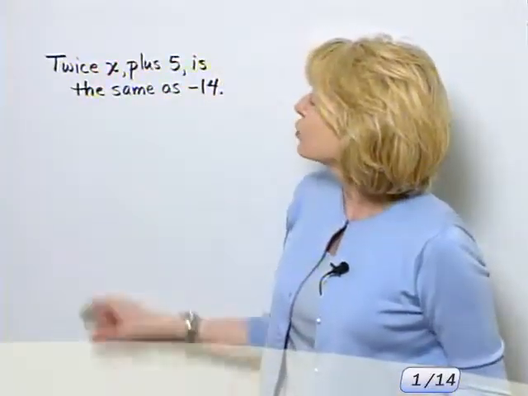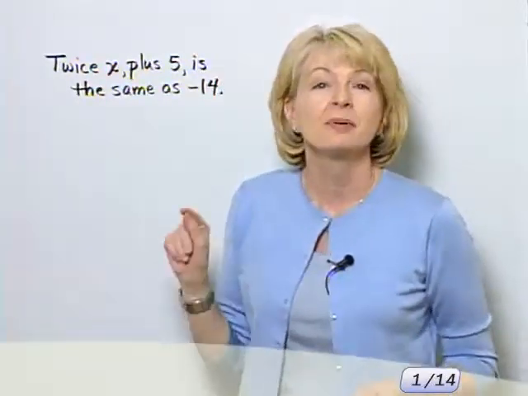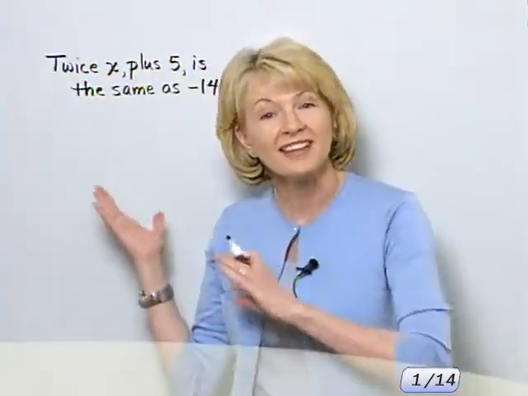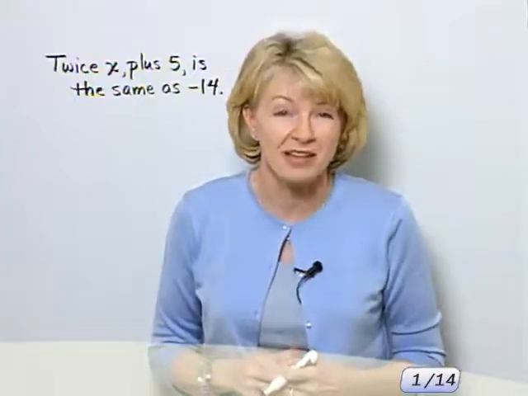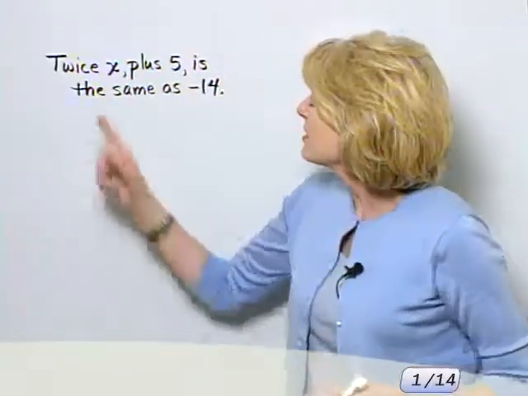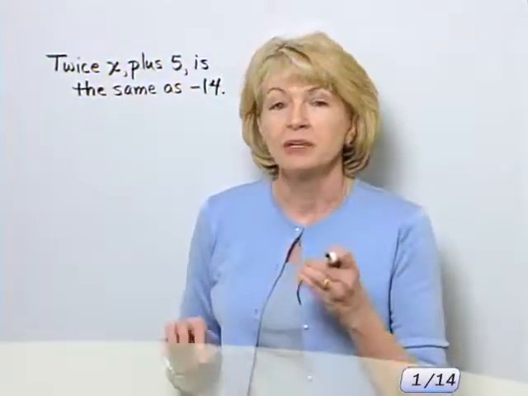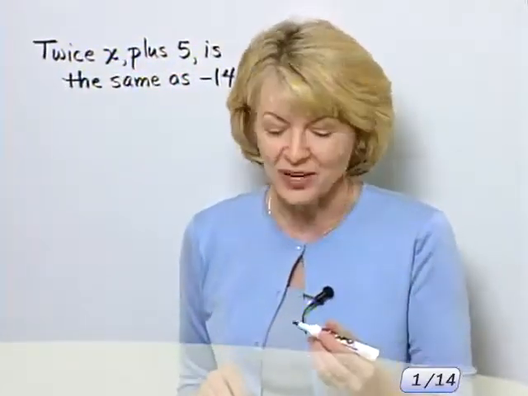Here I have twice x plus 5 is the same as negative 14. Let's translate this to a mathematical statement. How do we translate twice x? Well, that would be 2 times x or 2x.